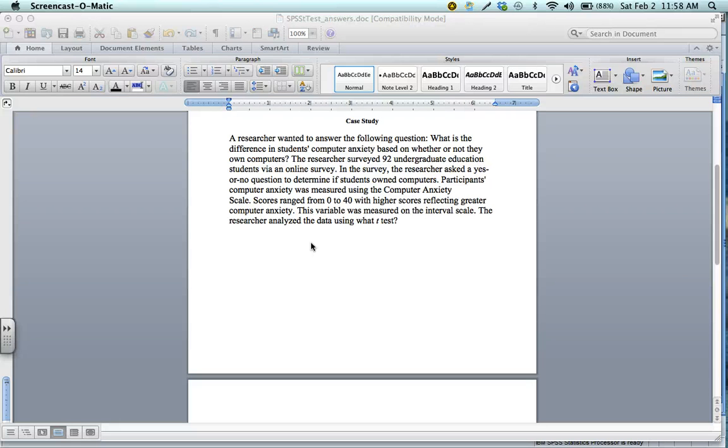I think this fits really nicely for the independent sample t-test. One of the assumptions of the independent sample t-test is that the two groups being compared should be independent of each other, which I think we have here.